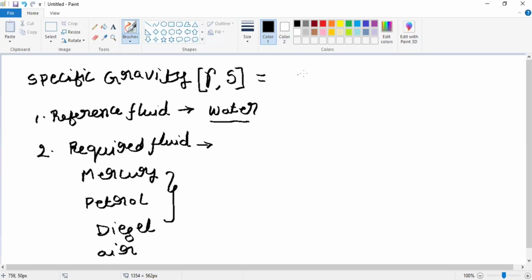Now coming to the specific gravity definition, it is the ratio between the specific weight of the required fluid and the specific weight of the reference fluid.